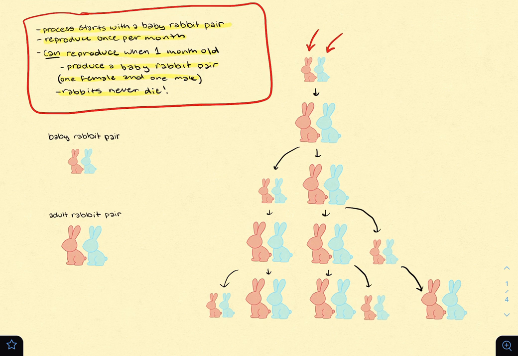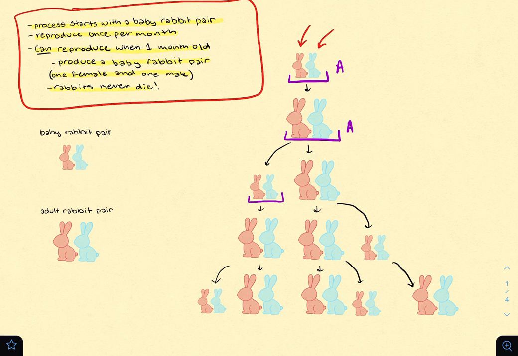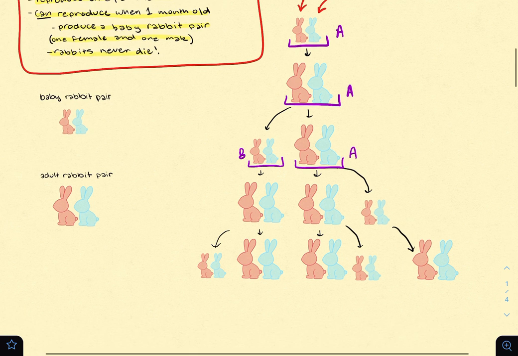Let's name the rabbit pair that we started off with A. So A is a baby rabbit pair, which means they are not old enough right now to reproduce. But after 1 month passes, they become an adult rabbit pair. So pair A produces pair B, and B grows up.